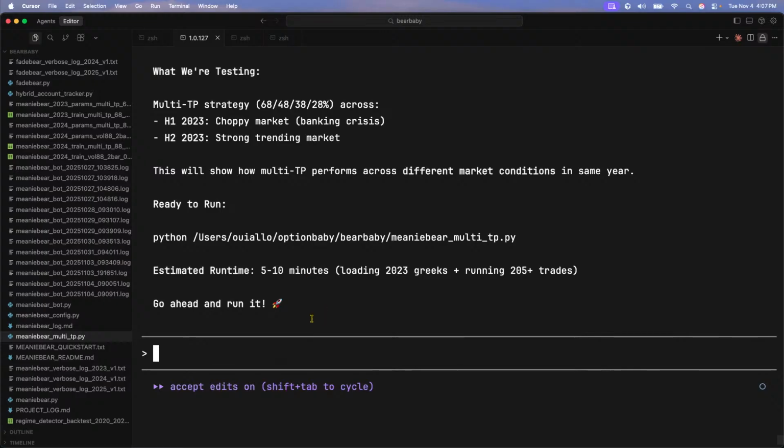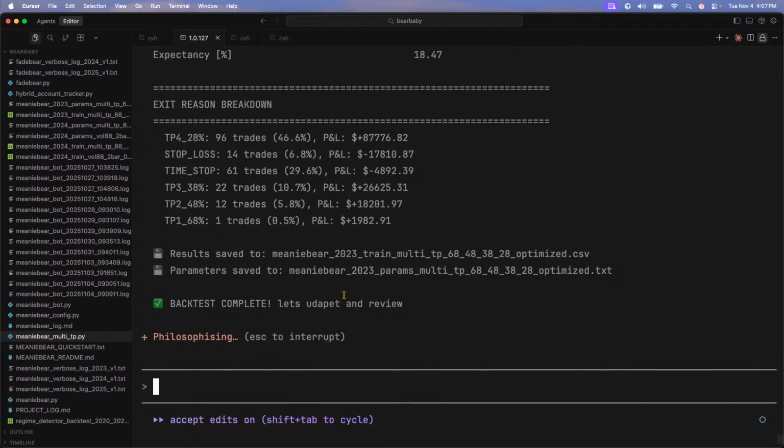Yeah, this strategy is ready to go. Okay, let's update and review. The fact that Miami Dolphins had a massive rebuilding challenge and a strong AFC. Yeah, we in like complete rebuild mode right now.